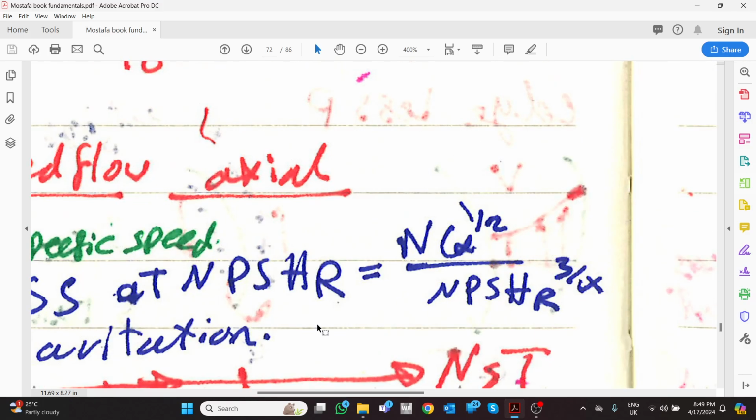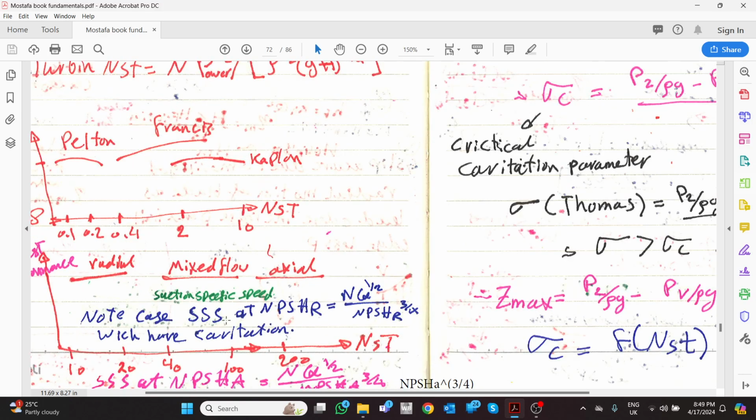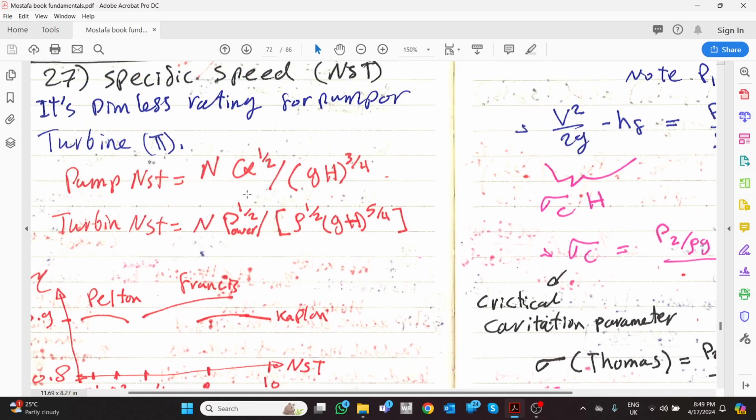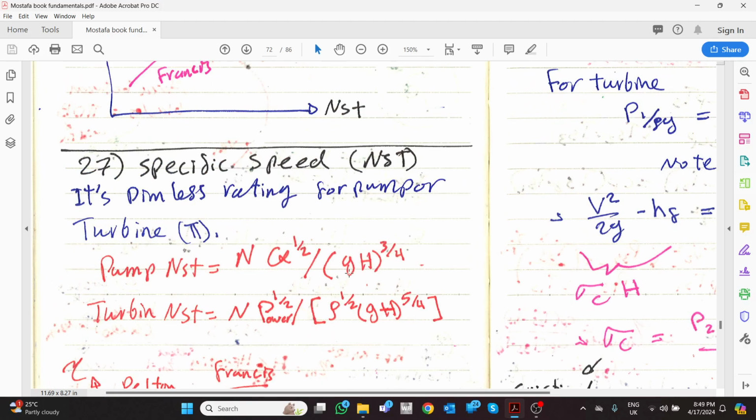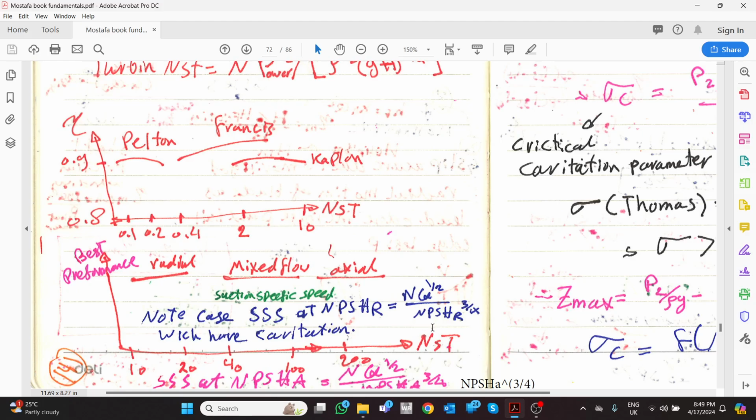So now net positive suction head available, we know it. Now net positive suction head required is equal to n Q^2 over (gH)^(3/4), which is the net positive suction head required over 3/4.